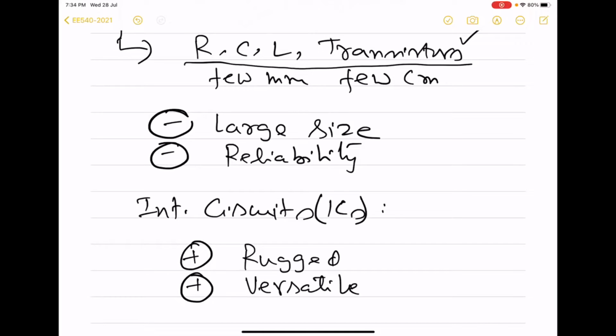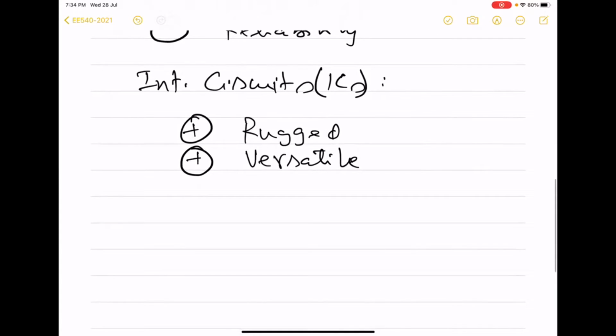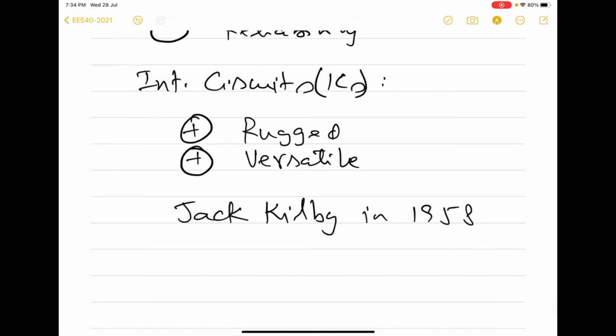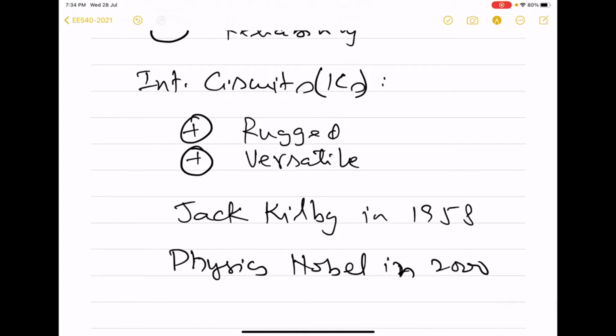But the idea is so important that the person who first successfully created these integrated circuits, Jack Kilby, in 1958, along with Robert Noyce, who later on founded Intel, was awarded a Physics Nobel Prize in 2000.